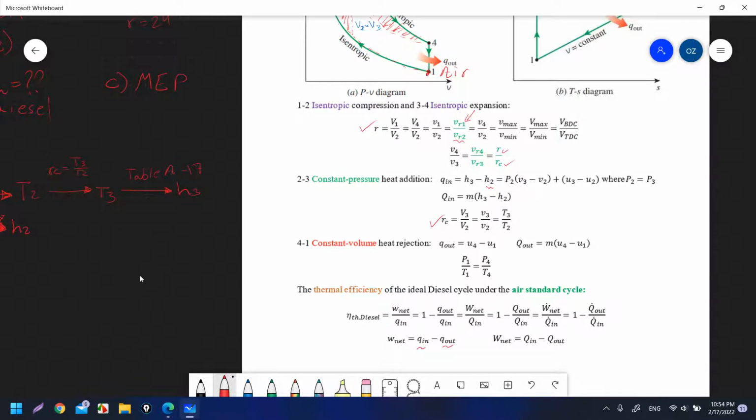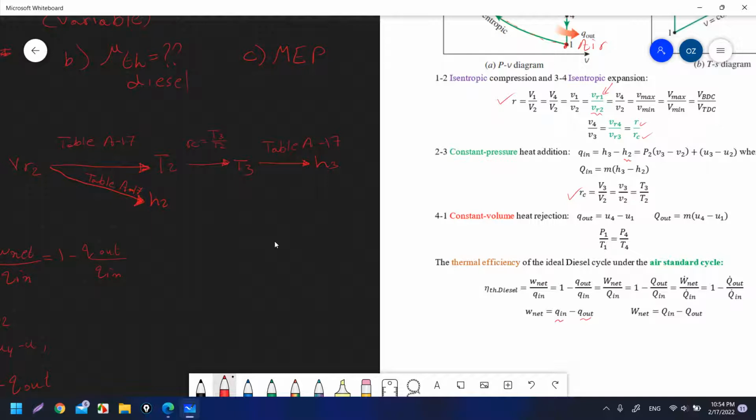However, I found T3 in part A, so besides finding H3, I can also find VR3 from table A17. Then I can use the equation VR4 over VR3 equal to R over RC to find VR4. And then from VR4 I can find U4 using table A17.